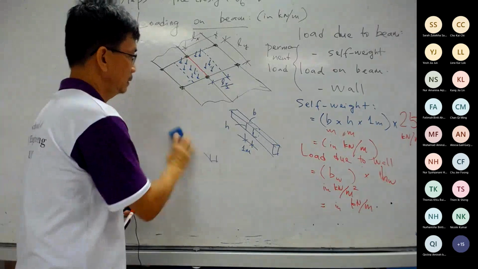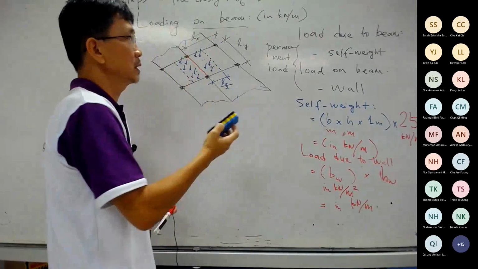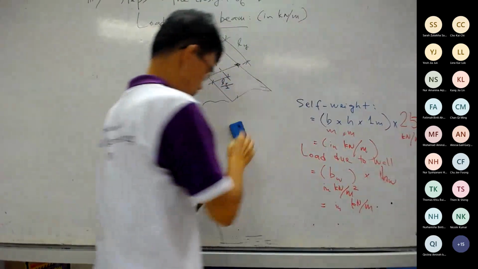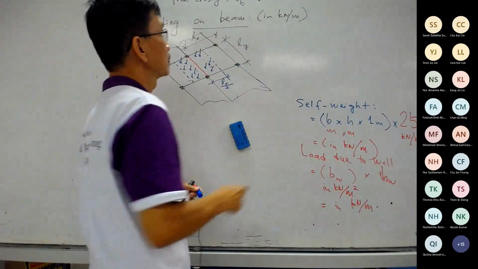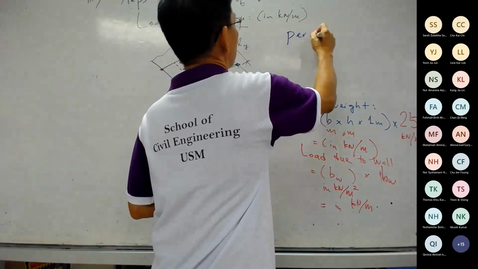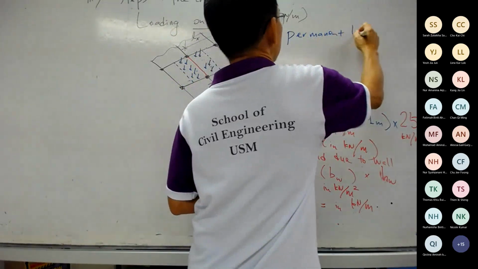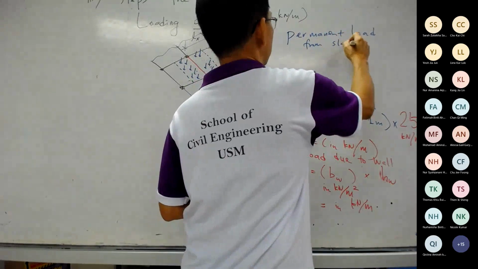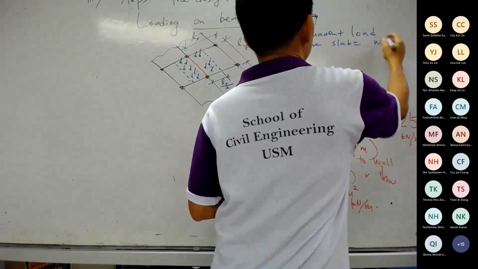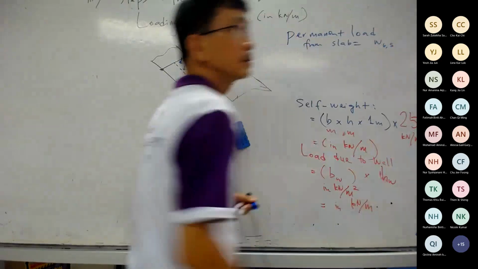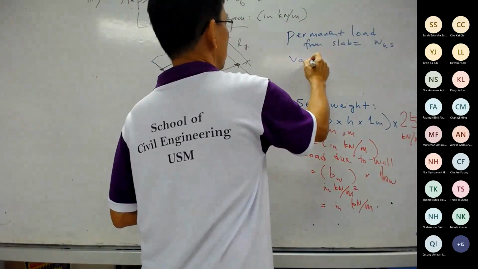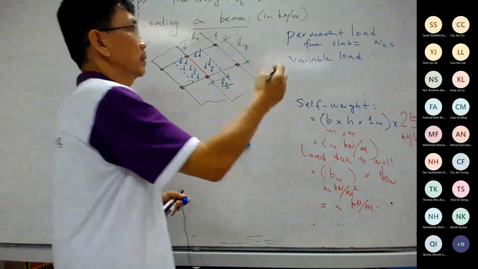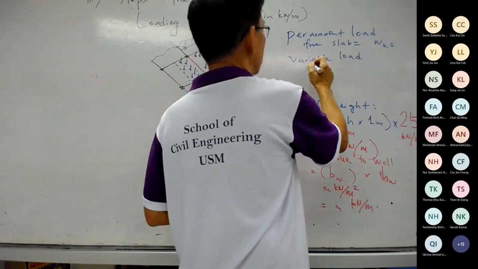So now, if I combine all this, if I call this permanent load from slab, I call this WK from slab, okay, total one. I just give you symbols because in the actual calculation, you can go straight away, you get the value.